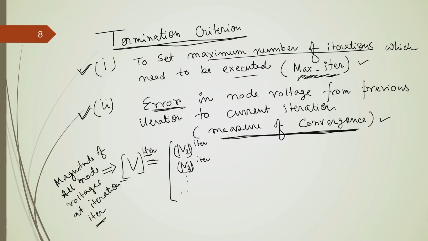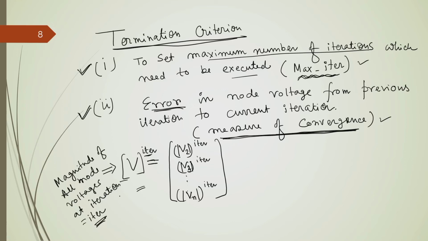So, this corresponds to the n buses, I can say V n iter. This is basically the matrix or the array which consists of all the bus voltages which we get after executing iteration equal to iter. If iter is 2, that means it is the node voltage matrix which we get after execution of iteration 2.